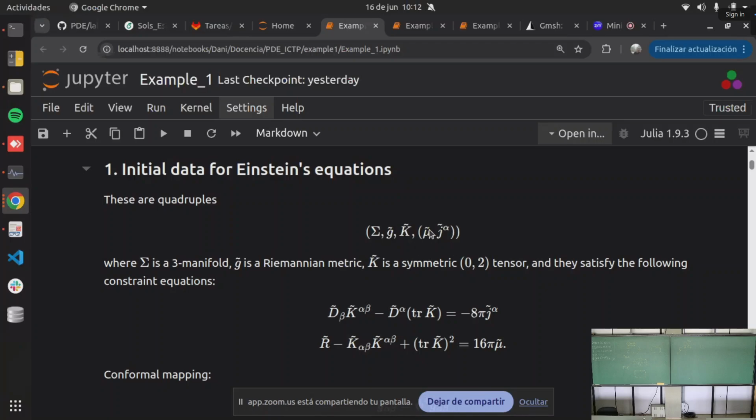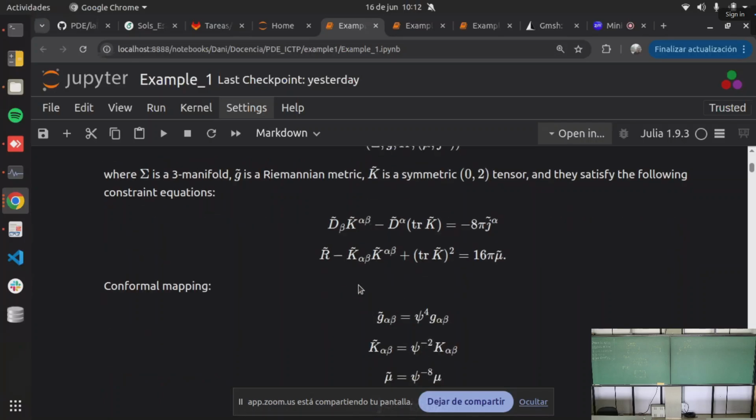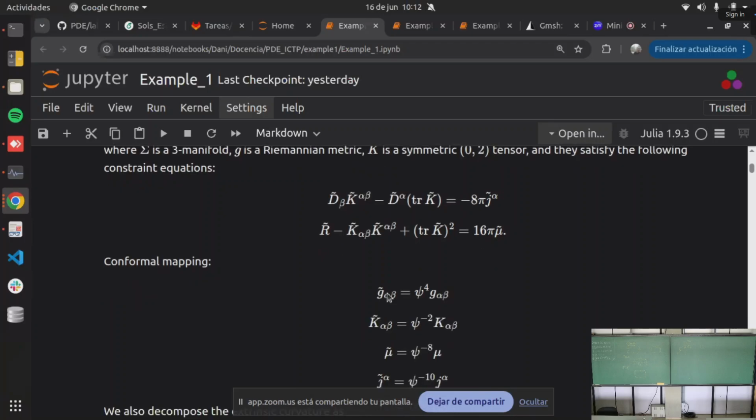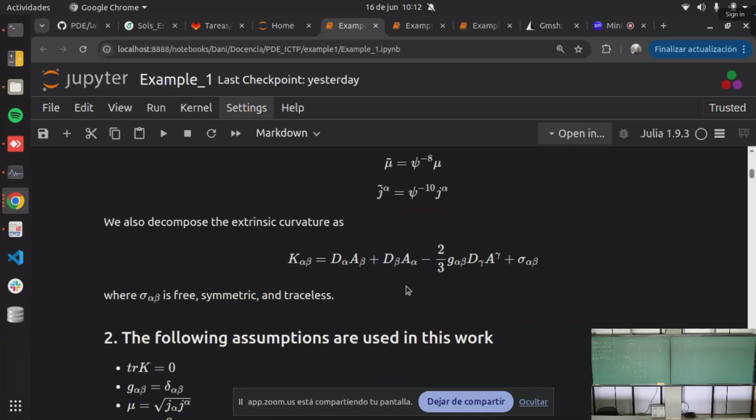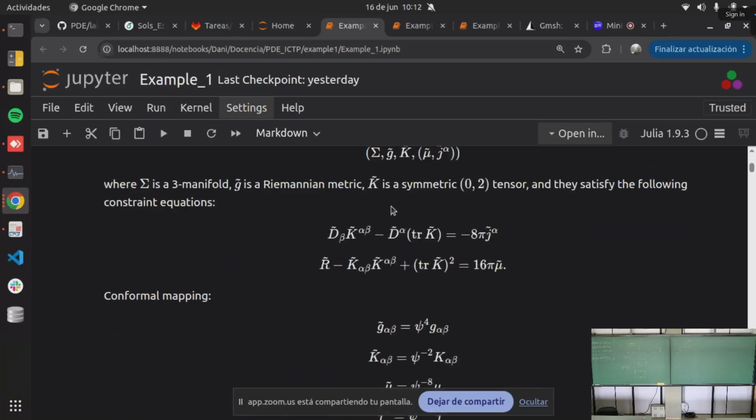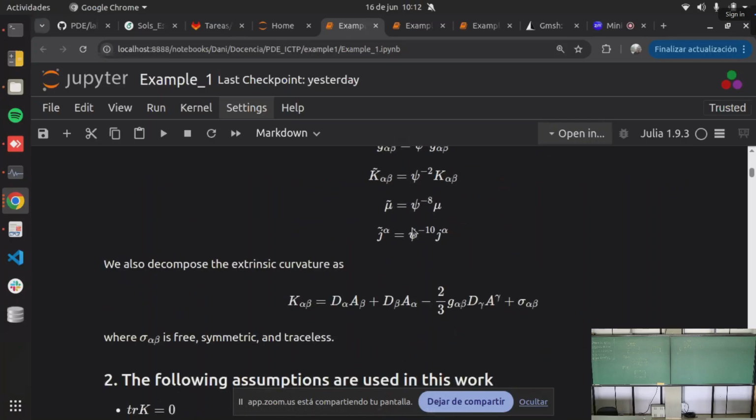And this quadruple satisfies the following constraint equations. With a conformal mapping and this decomposition of the extrinsic curvature, we can rewrite these equations in this way.